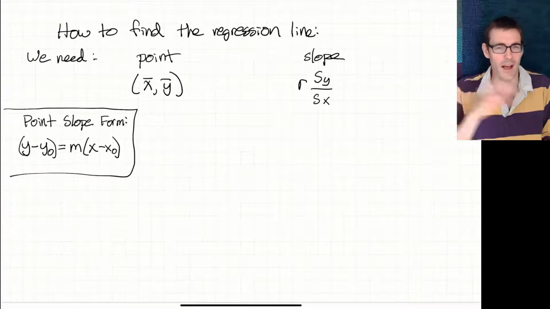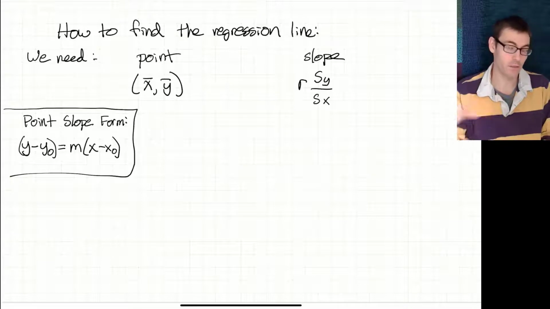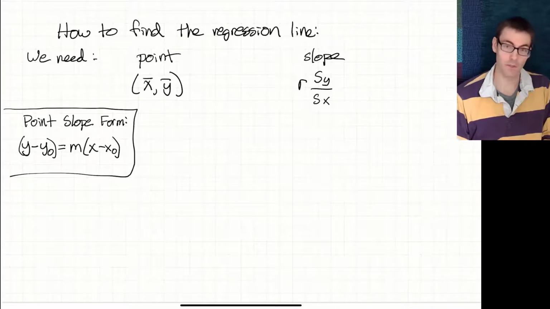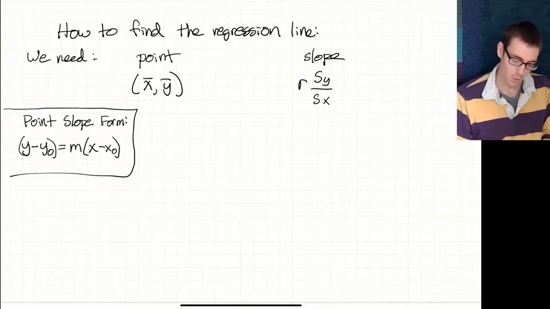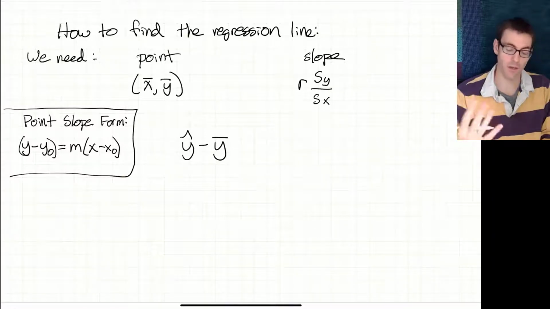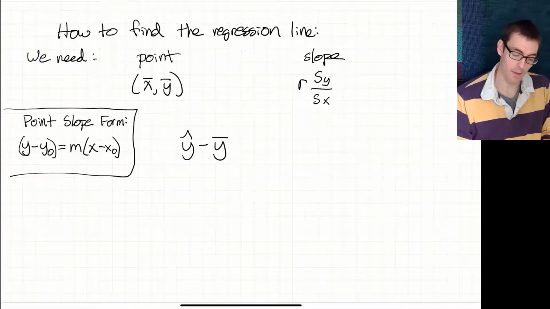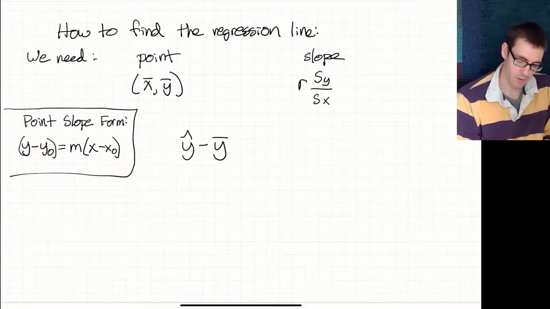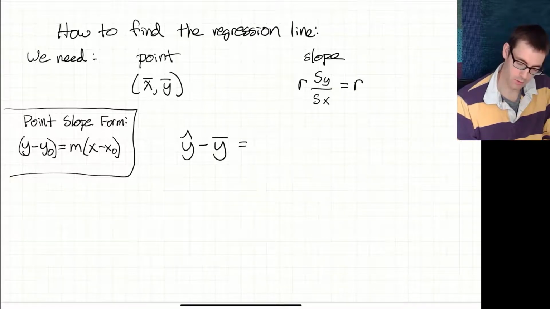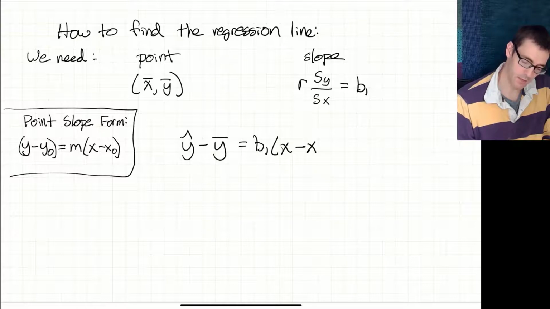If you'll recall from high school algebra, if we have a point and a slope, we can find, using the point-slope form, the equation of the line. So if we just plug these things in, we can see that y hat minus y bar, so y hat is the function, and y bar is one of our y values, so y hat minus y bar is the slope, which we're going to call b1, times x minus x bar.